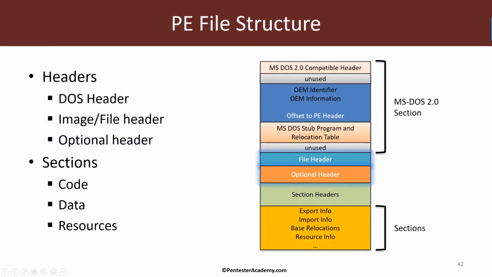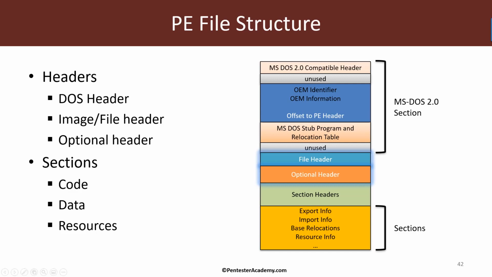Now, what does a PE file contain? From a data perspective, it has three types of information. It could hold code, it could hold data, it could hold resources such as strings, icons, bitmaps, dialog boxes, and so on. As you can see here, part of this structure contains various types of headers with basic information like what kind of PE version it is, for 32-bit or 64-bit, and what kind of machine type it's appropriate for.